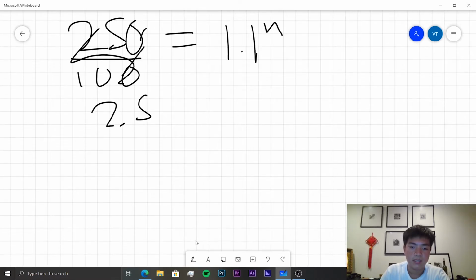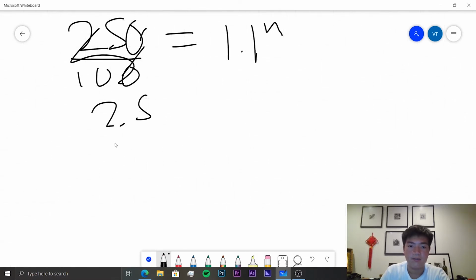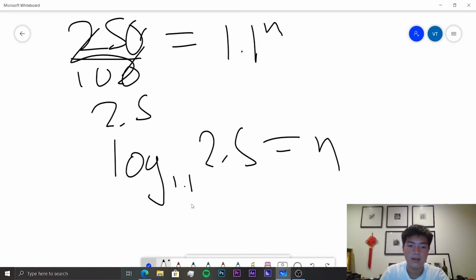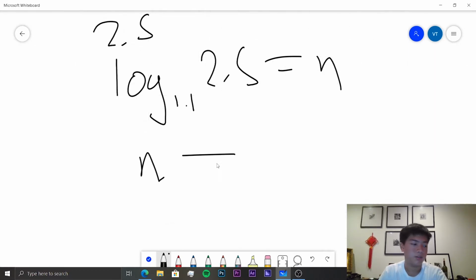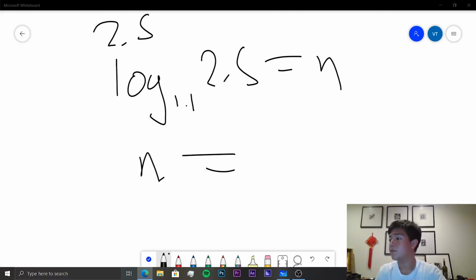So we can simply take the logarithms of both sides. So we can have log base 1.1 of 2.5 is equal to n. And therefore we get the number of trials to be, if I can just get a calculator, where's the logarithm button?